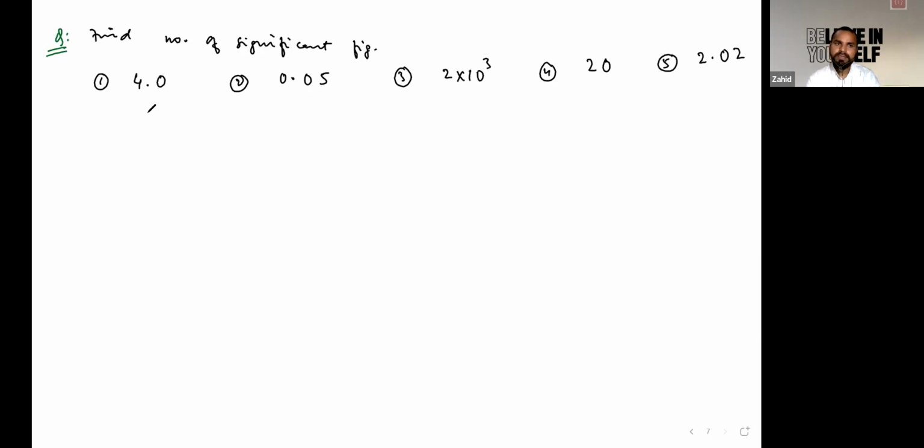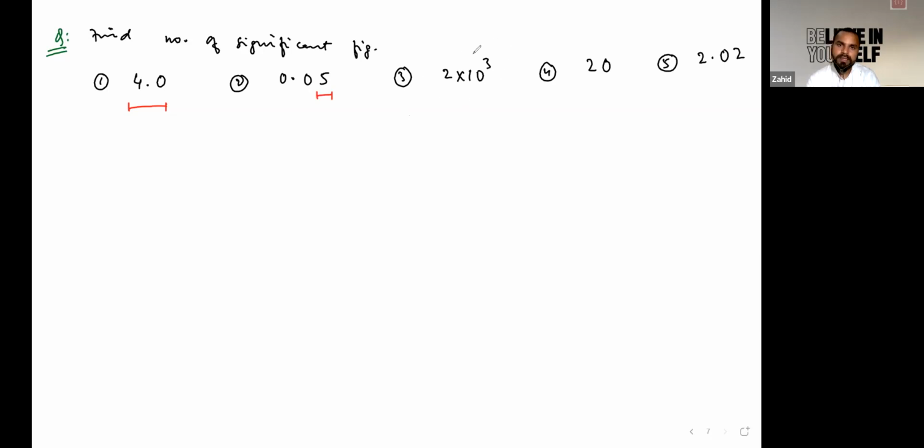In this first part, we have 0, right to the decimal, and right to a non-zero digit. So it will have two significant figures. In the second part, we have this 0, which is right to the decimal, but left to a non-zero digit. So it will be insignificant. So we only have one significant figure.